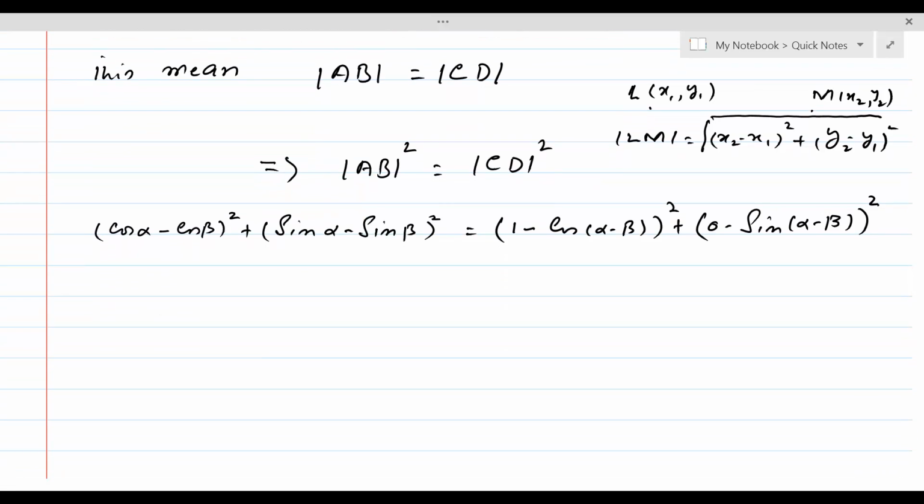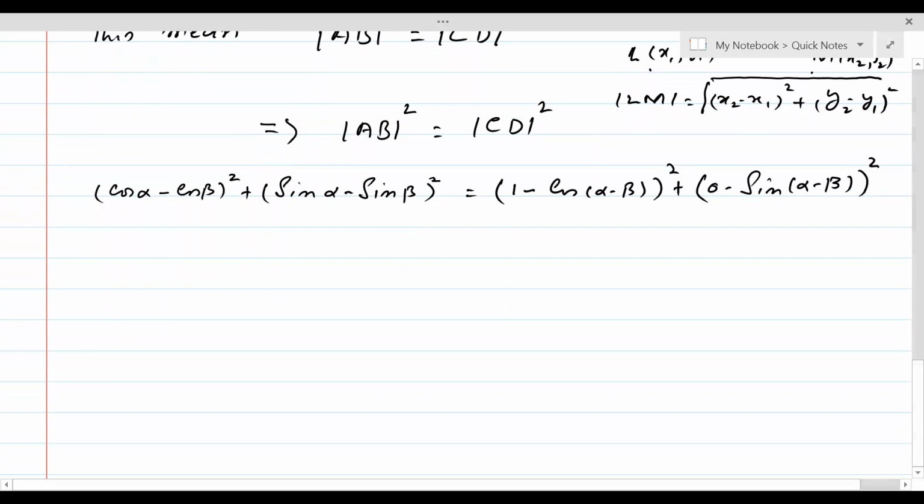If that is the case, let's just expand squares on both sides.